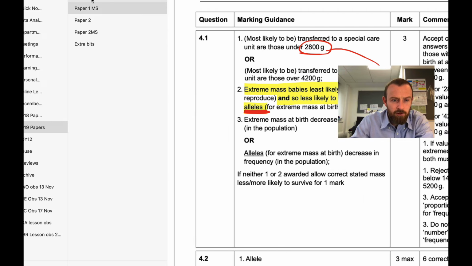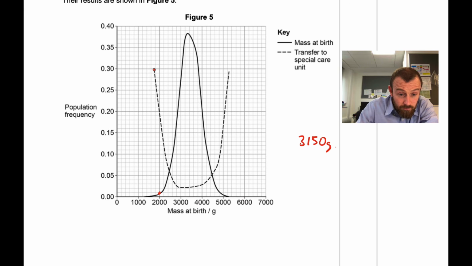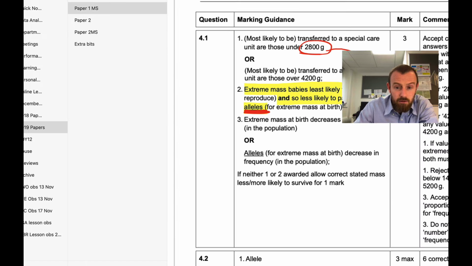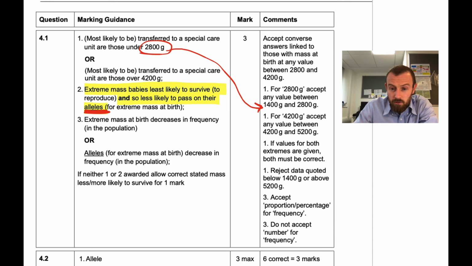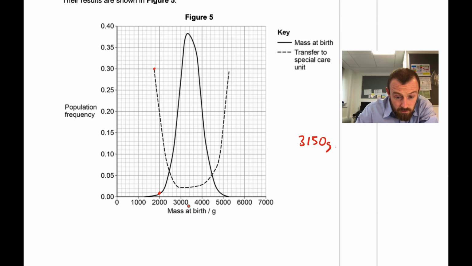I want to look at that graph again, because that's kind of interesting. Okay, I understand now what they're talking about. You're just describing this part of the graph down to there, and this part of the graph down to there.